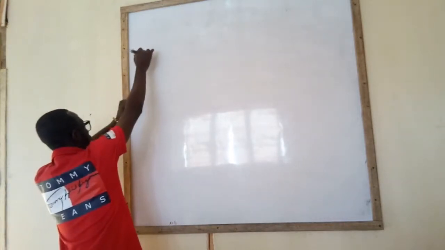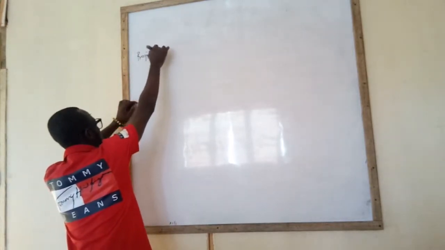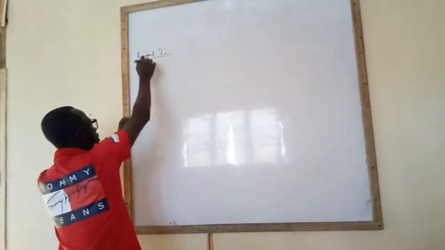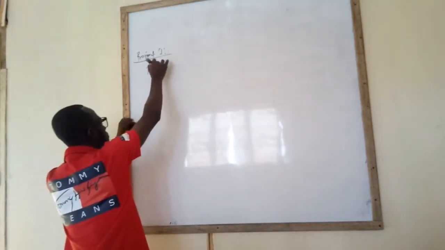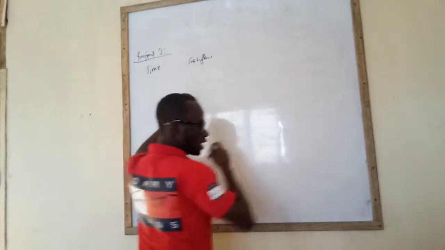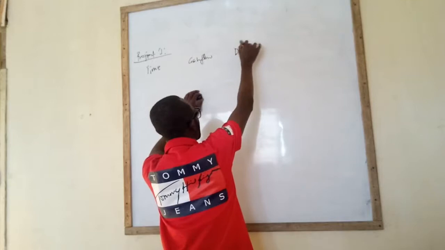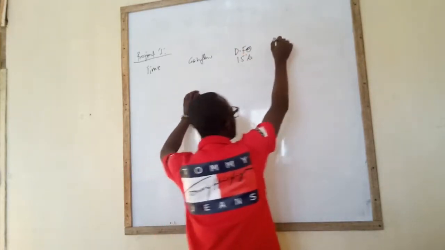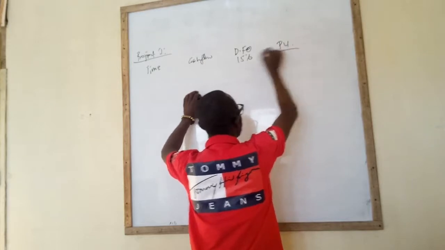So still looking at that project, we're going to put Project 1 here. And in this case, we're going to go by that schedule and put time down and put cash flow down. And then put our discount factor, which should be at the company's cost of capital, 15%, and we put present value here.